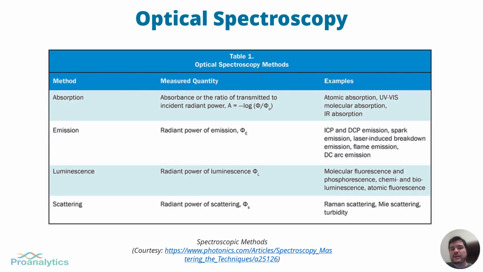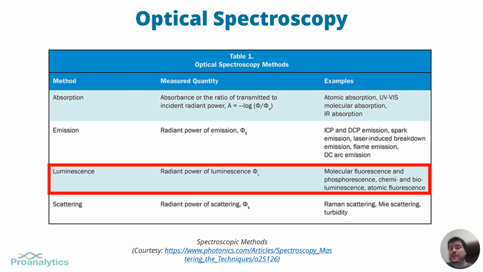Next, let's talk about luminescence spectroscopy. The most common method of luminescence spectroscopy is fluorescence spectroscopy, where the fluorophore is excited to a higher energy state by an incident photon and then emits light at a different wavelength than the incident wavelength by dropping to a lower energy state.